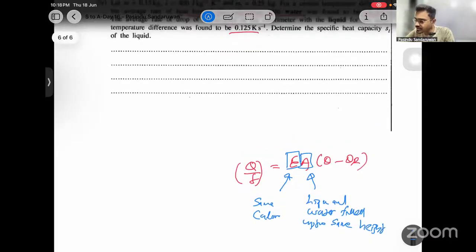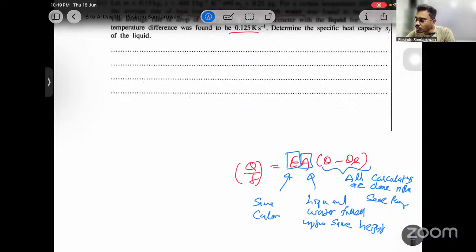Then A can be constant, and to make the third constant, all calculations are done in the same temperature range.